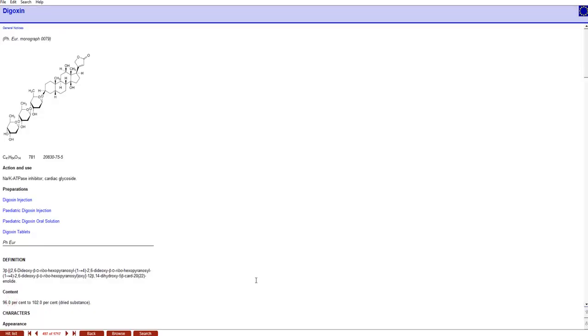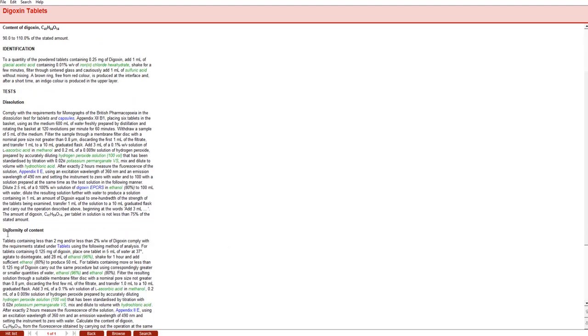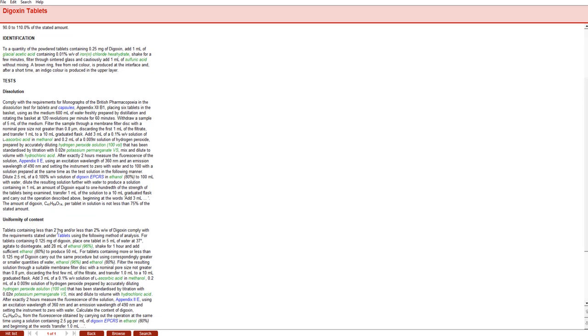Okay, this is digoxin. These are the preparations. We'll go to digoxin tablets. Here, see, it's required because it says tablets containing less than 2 milligram or less than 2% of digoxin must comply with the uniformity of content test.